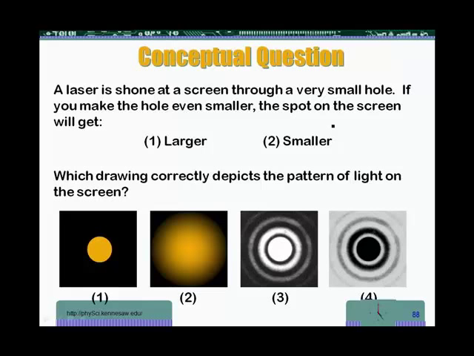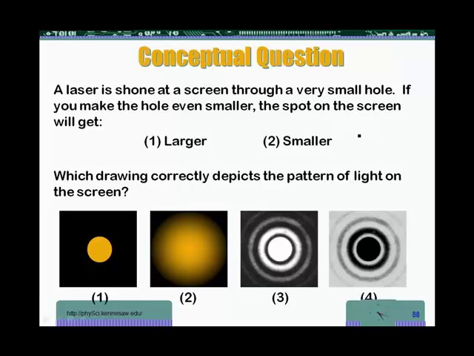Okay, let's answer this question. We shine a laser at a screen through a very small hole. If you make the hole even smaller, the spot on the screen is going to get larger or smaller? Okay, remember the equation for a hole.